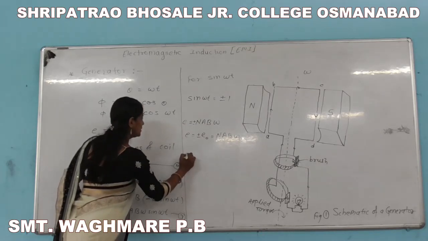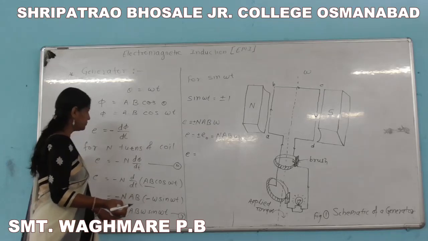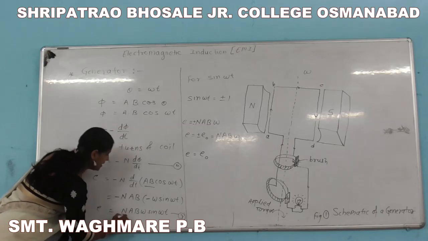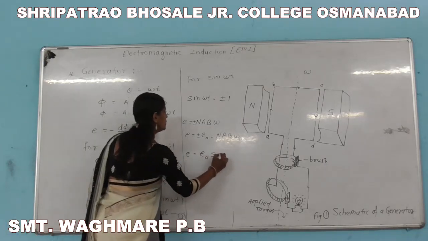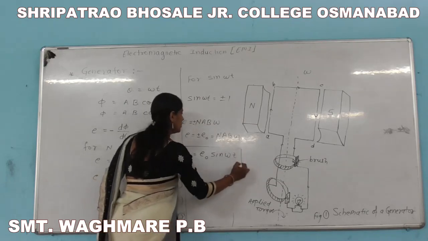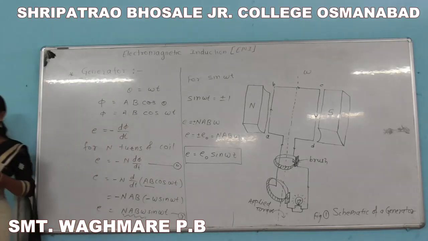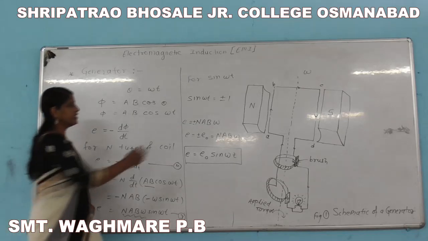Therefore, this NAB omega will be equal to E naught, and so E is equal to E naught sin omega t, where E naught is the maximum EMF induced in the coil.